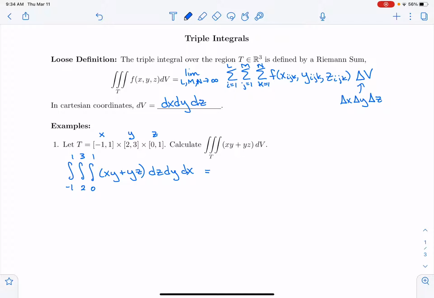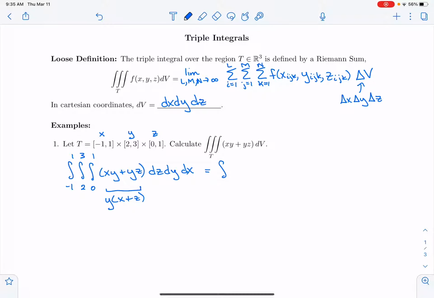And so we're going to evaluate this as an iterated integral. But something I want you to notice is that the integrand here is really y times (x plus z). So it's a function of y times a function of x and z. And so because of that, we can actually take the y integral out.